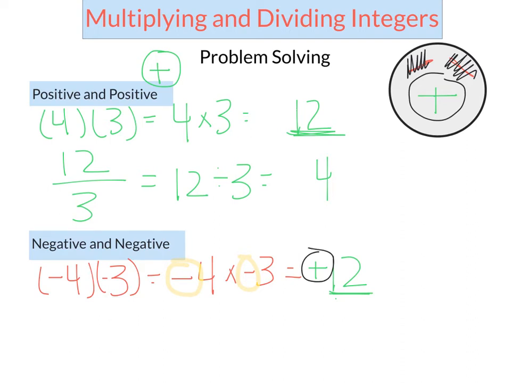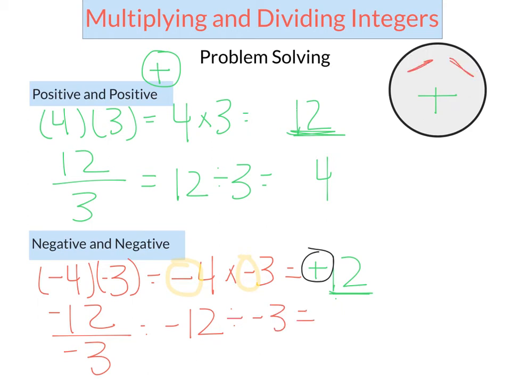Let's go ahead and try a division. Let's try -12 divided by -3. Remember, that is still written as -12 divided by -3. If we're using Dozy Man, we're going to look for the signs we are using, a negative and a negative.